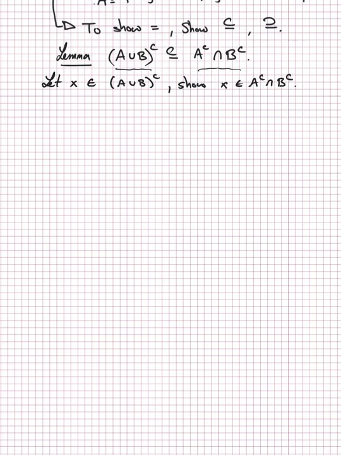Since we chose an arbitrary element, that will show the containment. So what do we have? By definition, we know that x is in U, and x is not in A union B. That's the definition of complement.